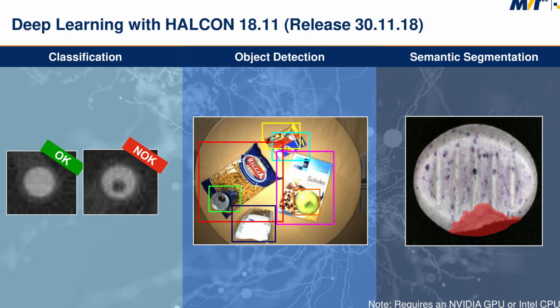Like here on the slide, you can see where the noodles are and mark them with a bounding box. And we also have semantic segmentation as a new feature, which gives you the class pixel-precise inside an image. So that was from my side.